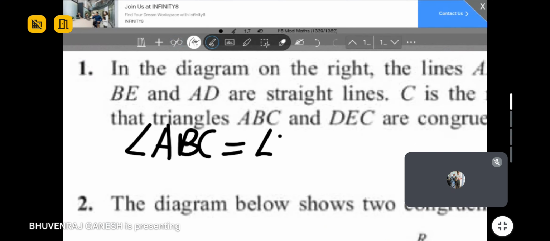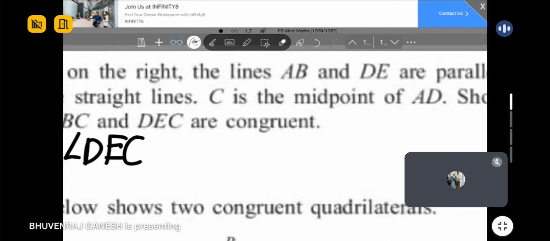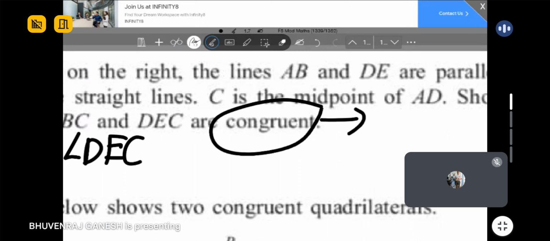Okay, not yet finished. If you want to show they are congruent, what is the main thing we look at, guys? What do we look at here to prove it is congruent?